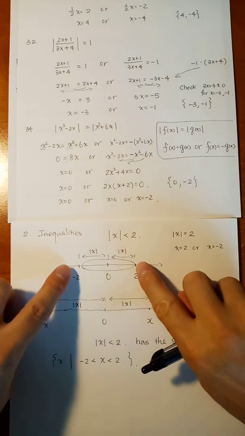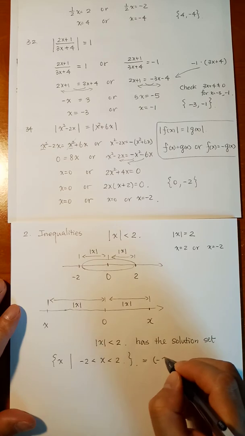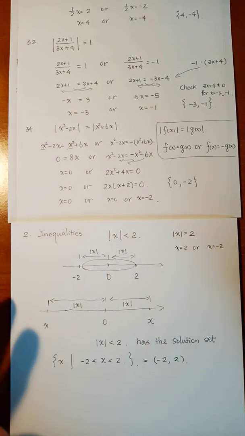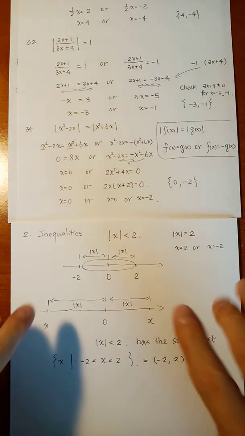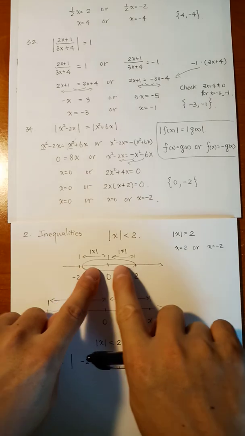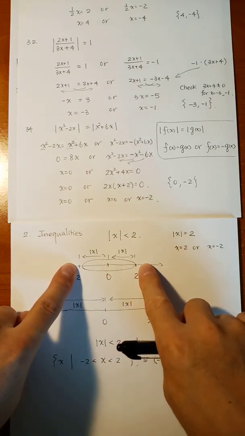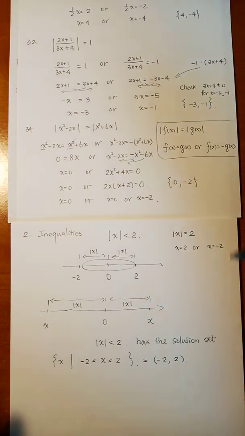Right? It should be included in this interval. This interval comes from the observation of the distance. This distance to the origin is shorter than the distance between 0 and 2. Shorter, less than.